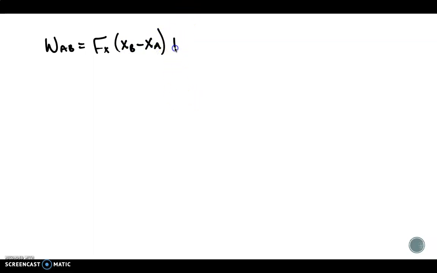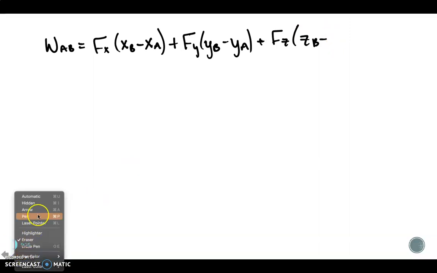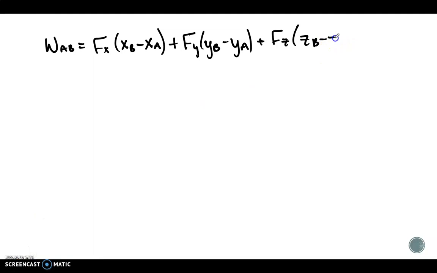Okay, and it'll be the same for the other two, but now we have y and z, z at a. Okay, so this is our work in Cartesian form.